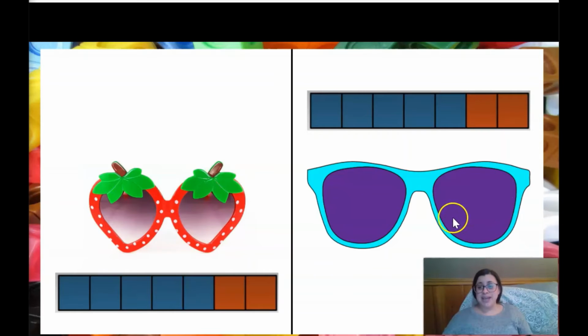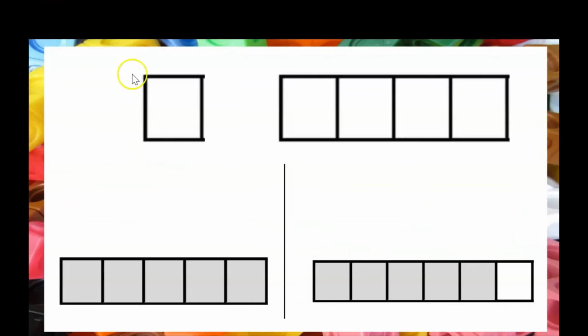As you can see, the endpoints match up and you can count the cubes 1, 2, 3, 4, 5, 6, 7 to match the same length as the blue sunglasses. These strawberry sunglasses are not evenly matched up to the cubes, and I can tell that they're shorter than this 7-stick.